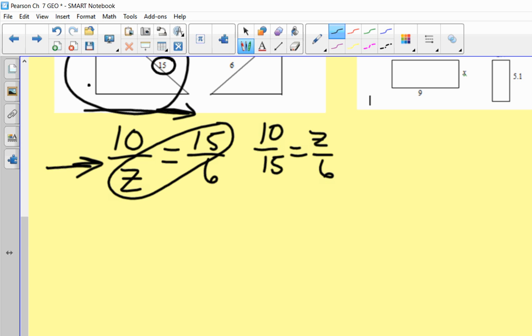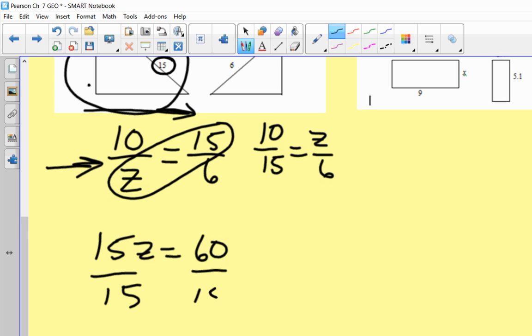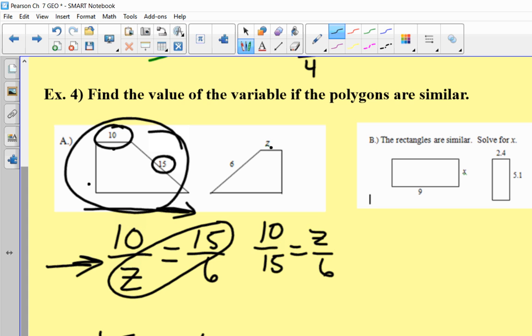Doing your cross products, 15 times Z is 15Z, 10 times 6 is 60. I divide both sides by 15, and I get Z is equal to 4. So Z has to be 4 for those two figures to be similar.